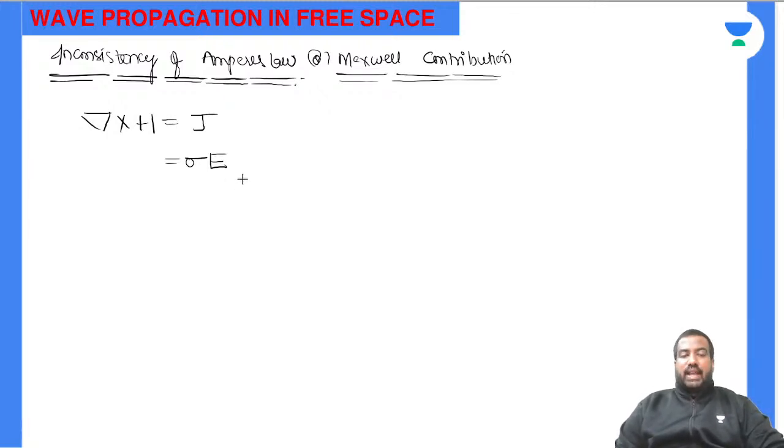And most of the scientists did their experiments basing on Ampere's law, and they got so many patents also after this. So according to Ampere, current can only flow when there is a conductor.